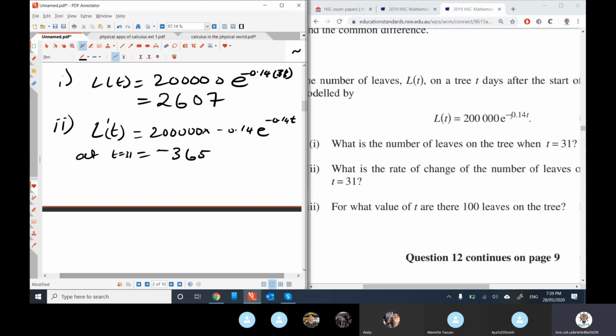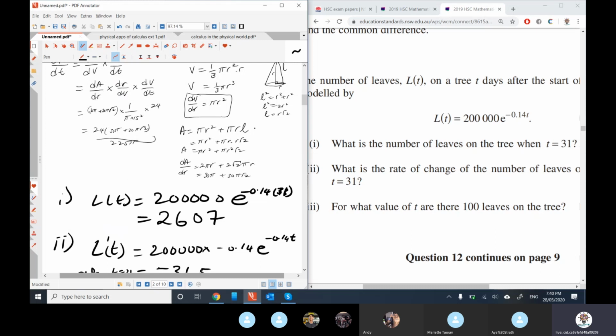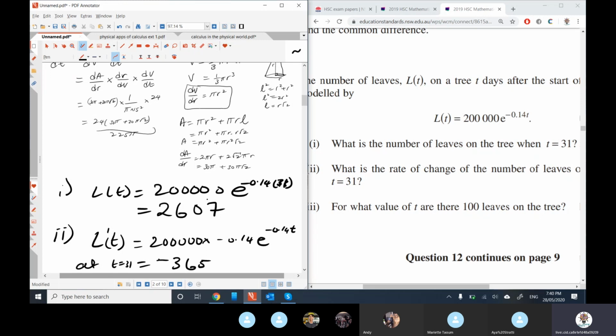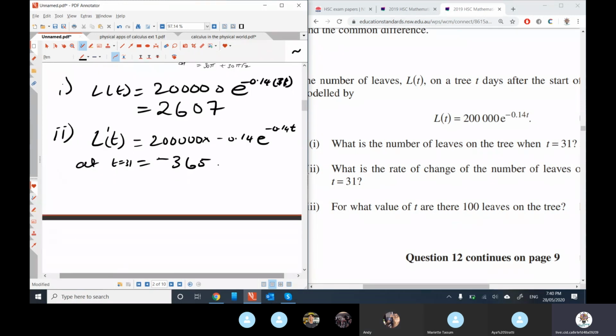So with exponential growth and decay, you don't need to do what we were just doing with those rates of change questions above. The exponential ones are the easy ones. You just differentiate. There's no dA on dt or whatever like that. It's just L dash and that's it.